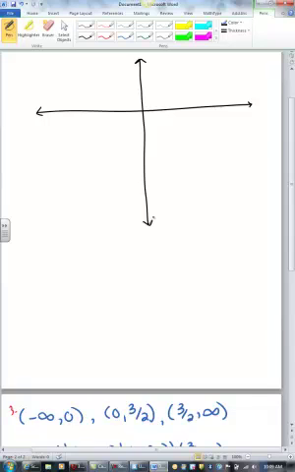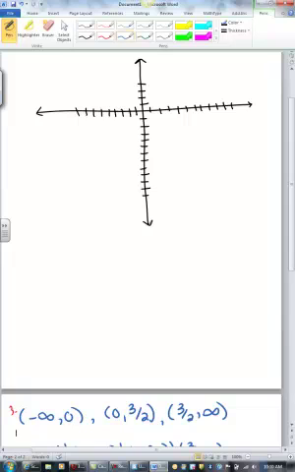Next I'm going to throw in some values here.